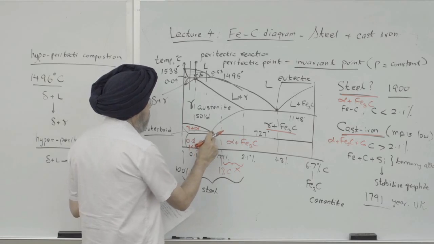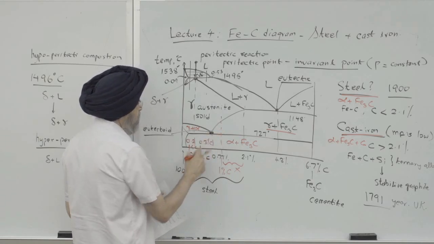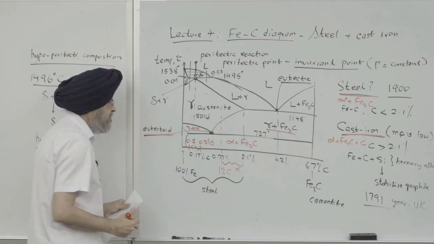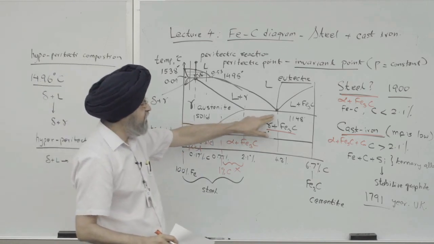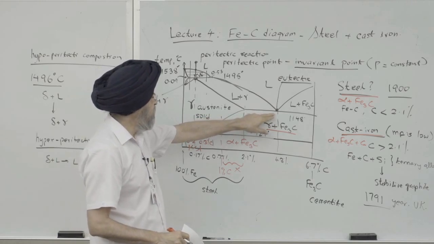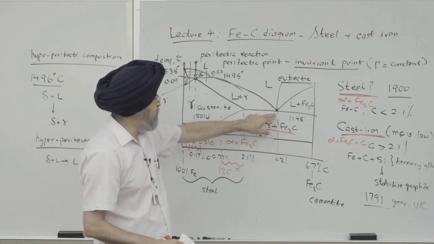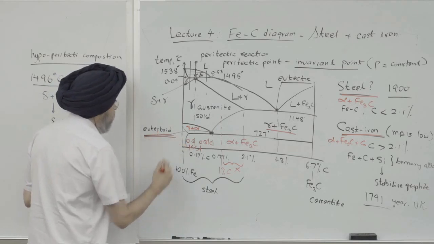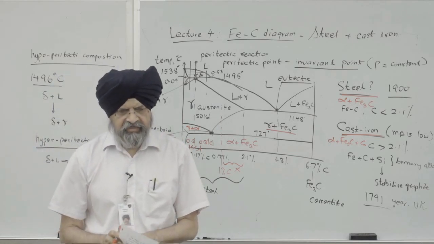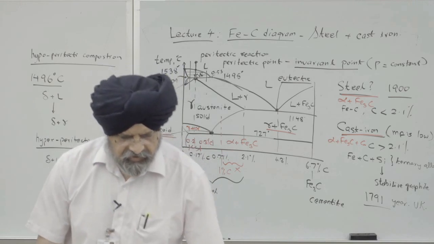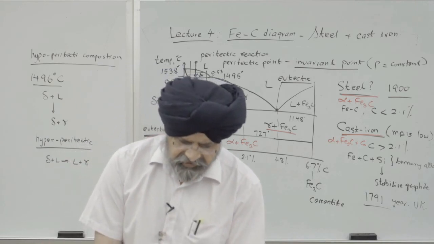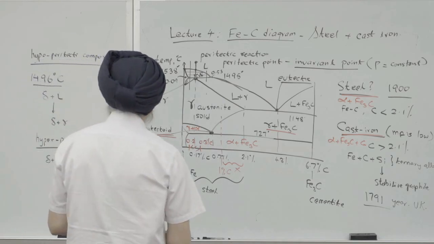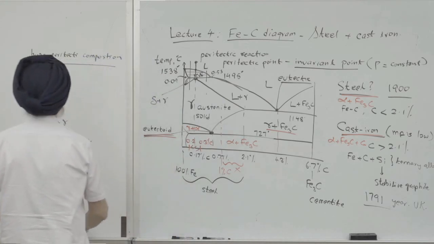So from today's lecture, we'll spend time on this eutectoid reaction, because this eutectic reaction is for cast iron. We're not interested in this today. Today we are interested in the eutectoid reaction. And we are dealing with equilibrium phase transformation, which means very slow cooling. So the emphasis is on slow cooling.